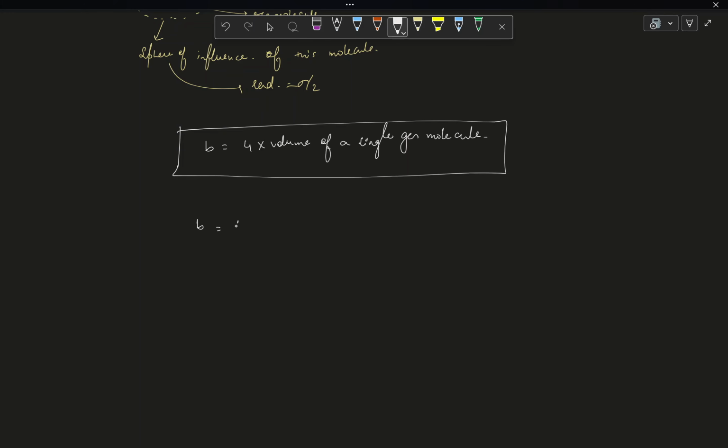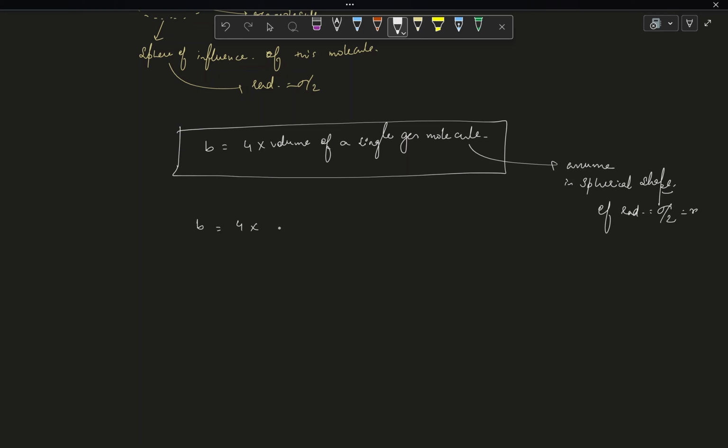We consider these gas molecules as spheres, because that is the simplest idea, and the radius is just sigma by 2 equal to r. So this is 4 times.